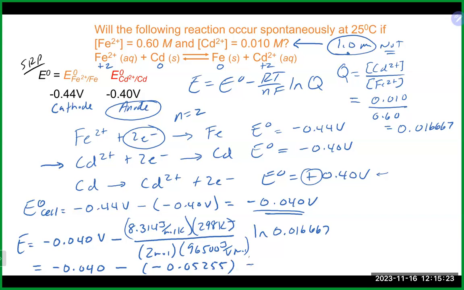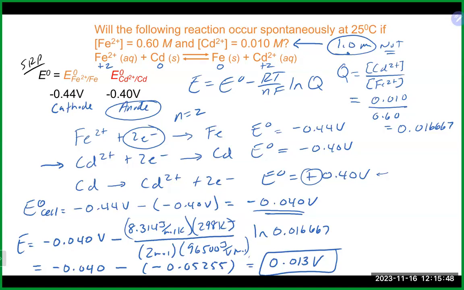At that point, I'm going to finish the calculation by taking minus 0.04 minus a negative value that I have there. Those two negatives are going to turn that guy into a positive, I hope. And it's going to give me a whopping cell voltage of, we'll call it something like that, 0.013 volts.